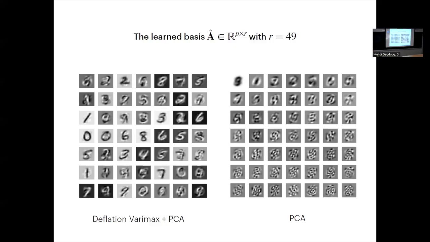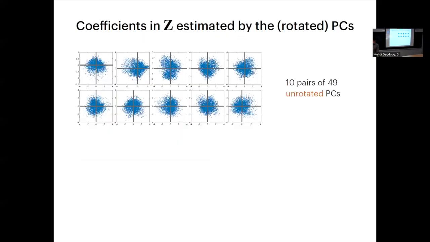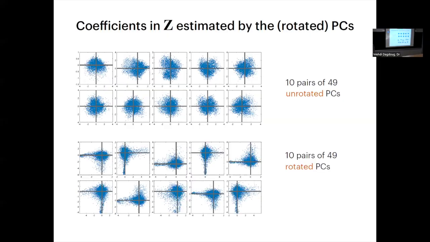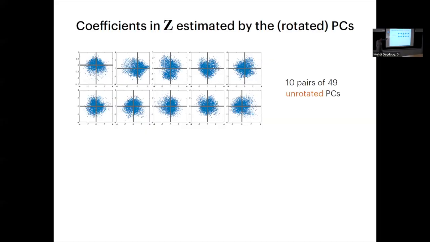It's more interpretable. The second part is plotting the coefficients of the Z's, which essentially shows, for each digit, which bases are used to generate it. We selected 10 pairs out of the 49 pieces. And this is for PCA, those are the coefficients.